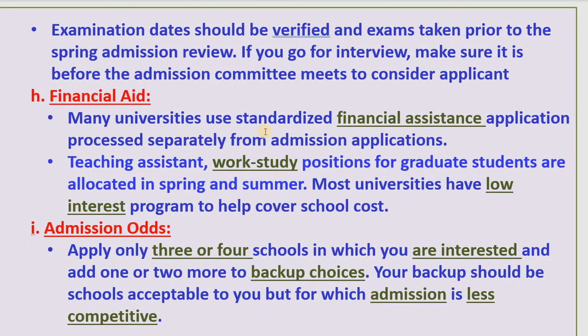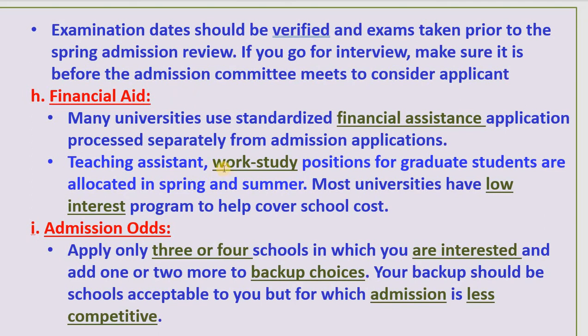Financial aid depends, like I told you, many universities have a standardized process for financial assistance. So when you apply, they will figure out how much they can help you financially. They can give you some, like the rent, that you don't need to pay. Some of them give you a loan, the student loan, subsidized or unsubsidized.